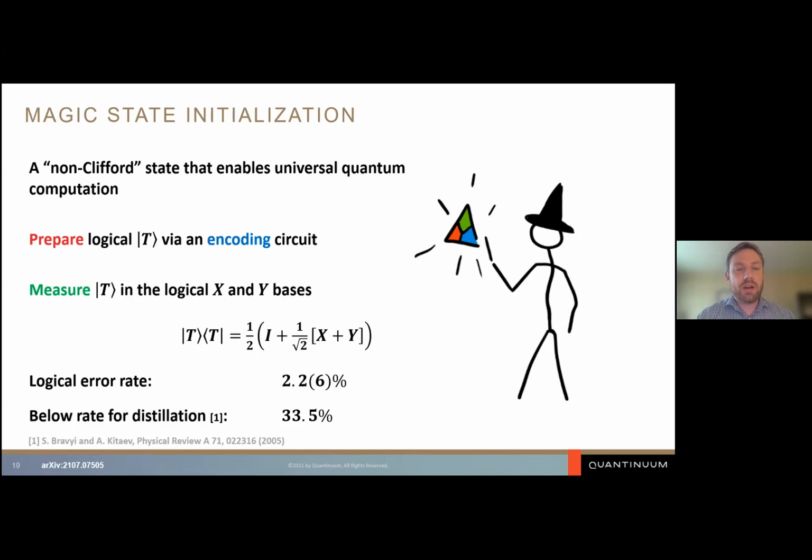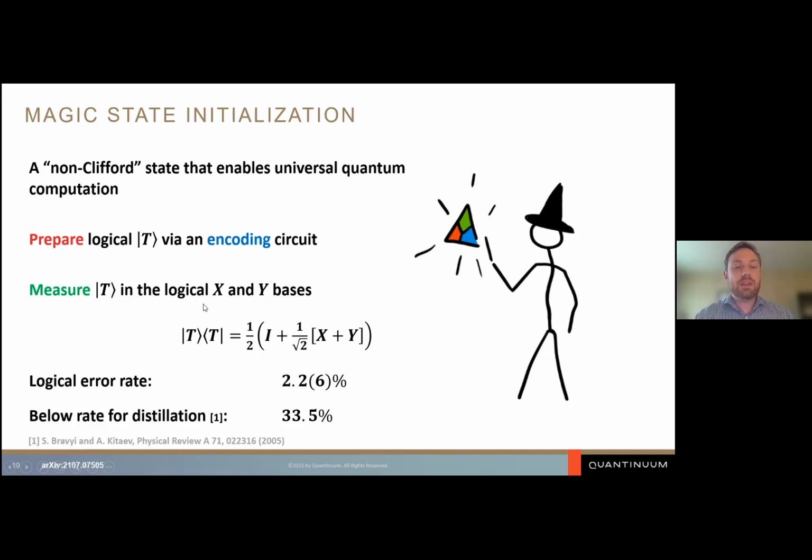And so we used that encoding circuit, but this time because it's not in a Pauli basis state, we can't just measure the Z operator to verify that the state was initialized correctly. So it's not fault tolerant, but it can be improved through state distillation, for example, as mentioned in the previous intro.